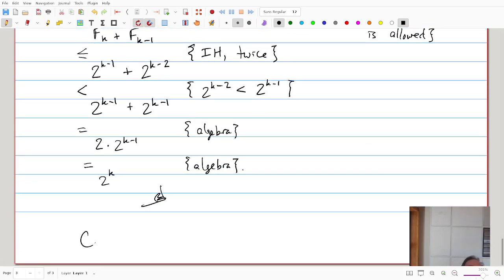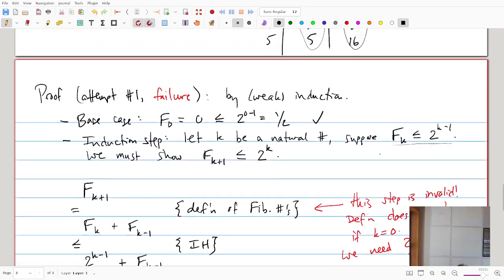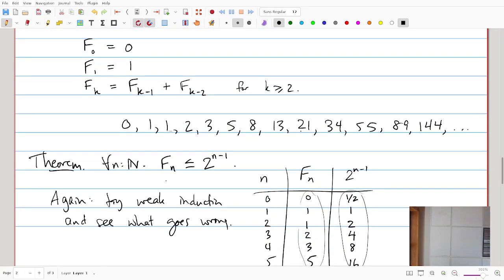And I have a challenge for you. I'll probably put this on the next module as like a level 2 question, but just while we're thinking about it. So this, just stepping back and thinking about Fibonacci numbers. This one says, all right, Fibonacci numbers don't grow quite as fast as 2 to the n minus 1.